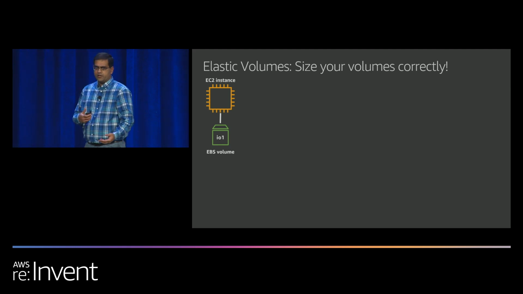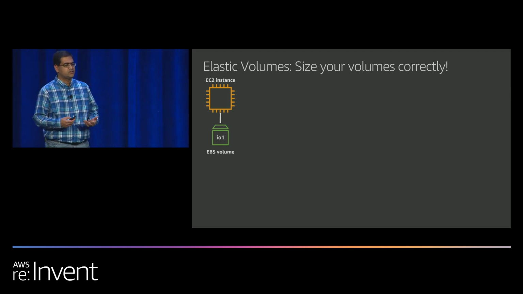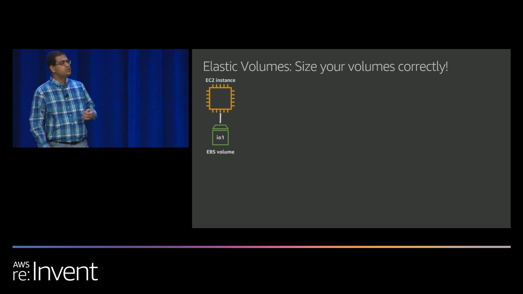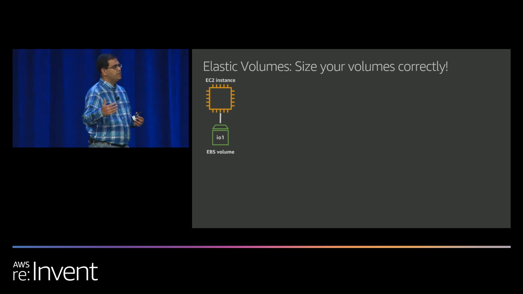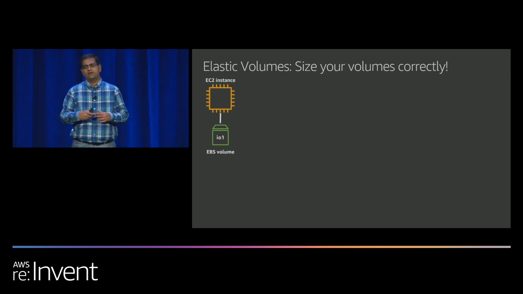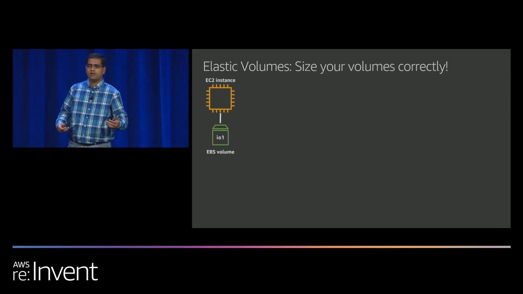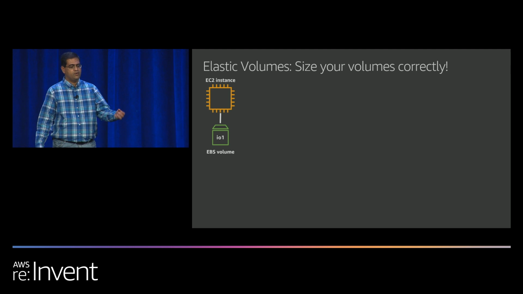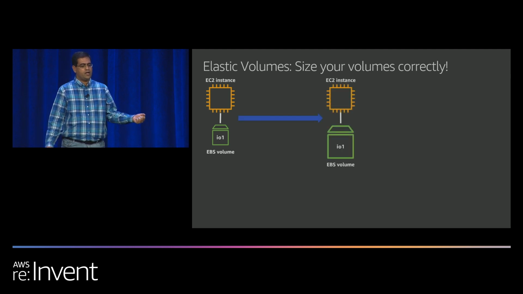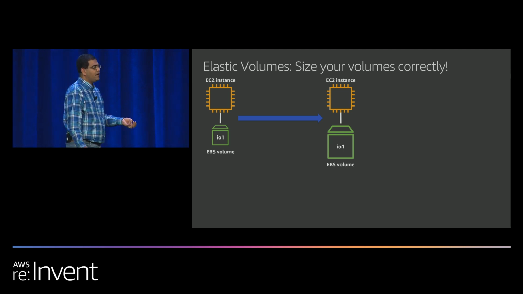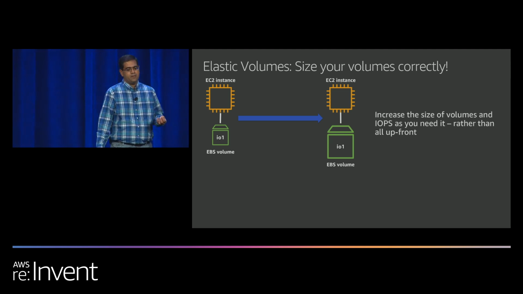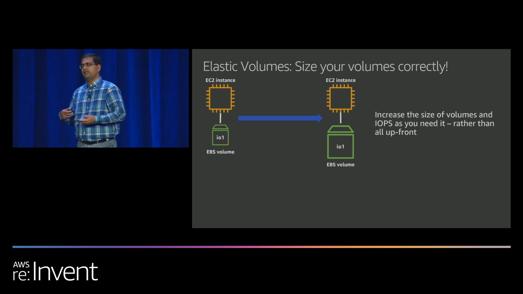Mark mentioned elastic volumes. You can use elastic volumes to size your volumes correctly. You don't have to size for what you ultimately think you need. If your workload is going to scale and grow, you can start small. You can start with an IO1 volume with a limited number of IOPS, and then grow that IO1 volume in terms of capacity and IOPS as you need it, rather than all up front.